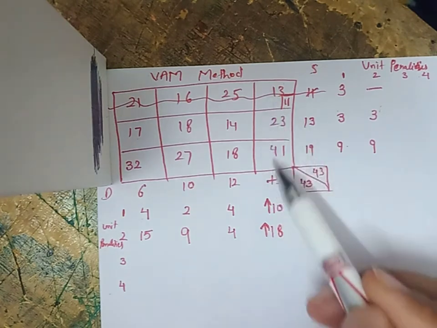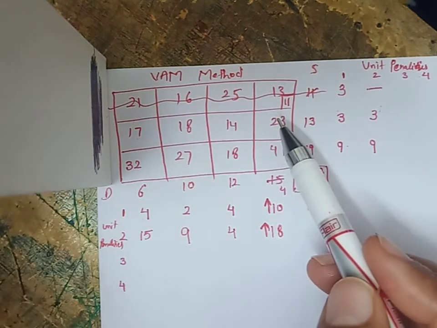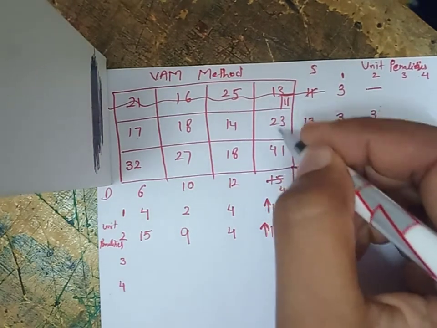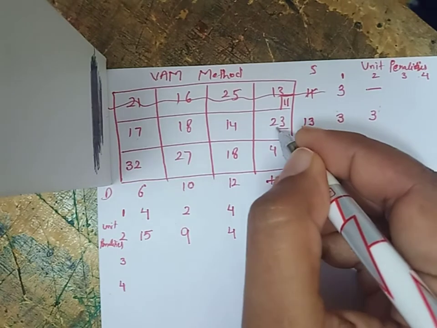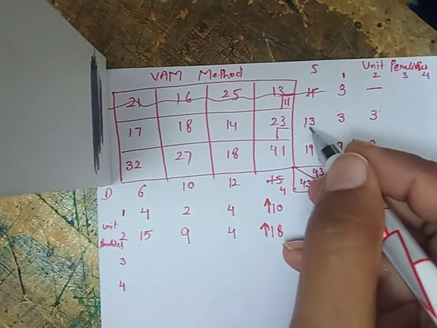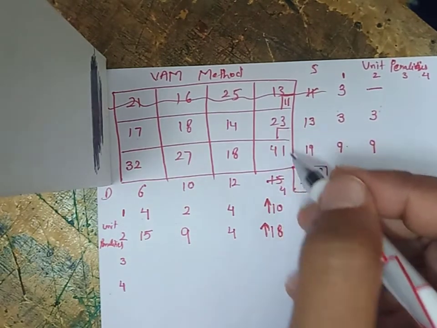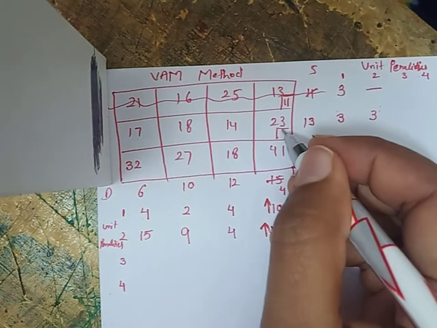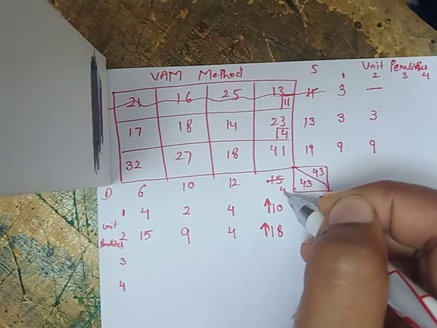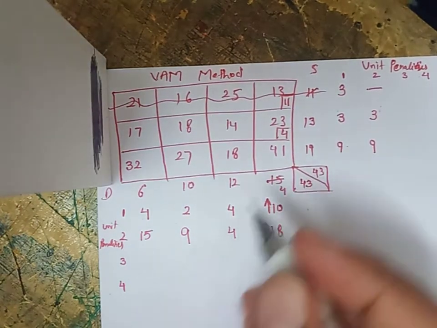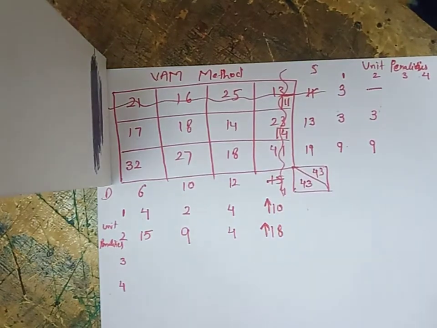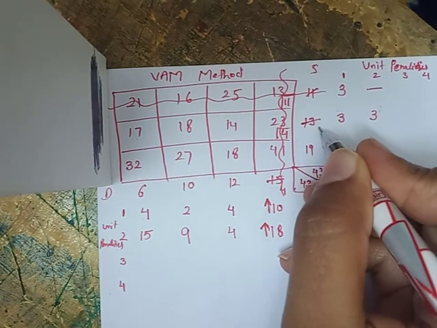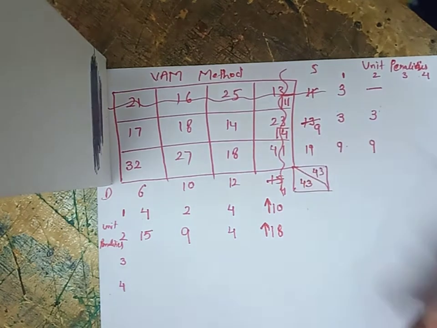At the lowest cell, which is 23. Which is the lowest value to be allotted here? 13 or 4, whichever is less. It is 4. 4 is now fully exhausted or satisfied. We will cancel this column. And the remaining value here is 13 minus 4, 9.